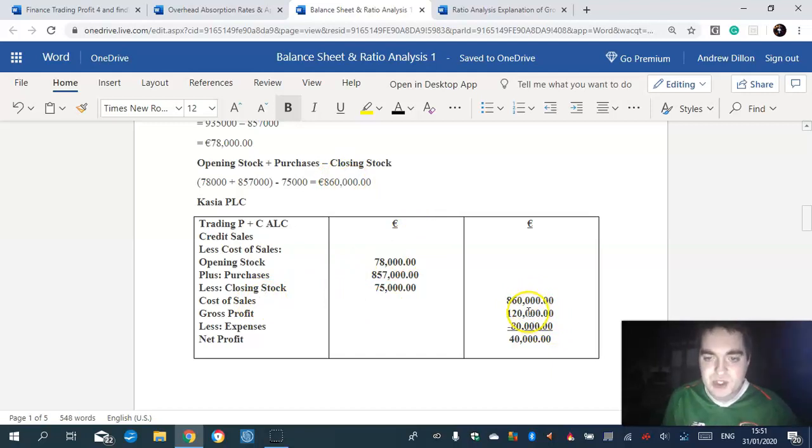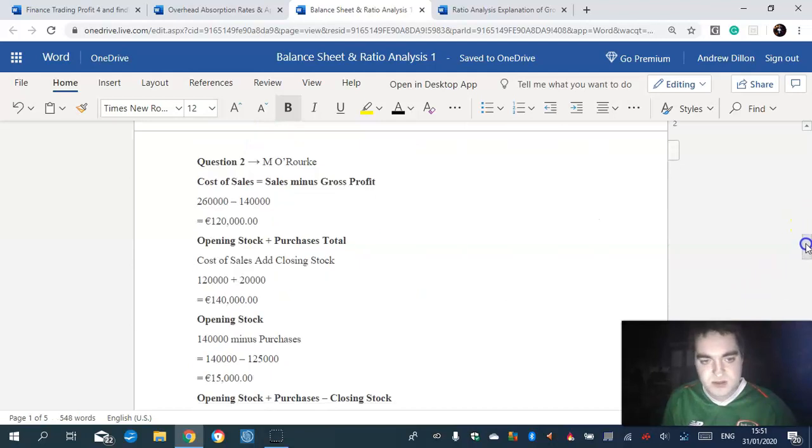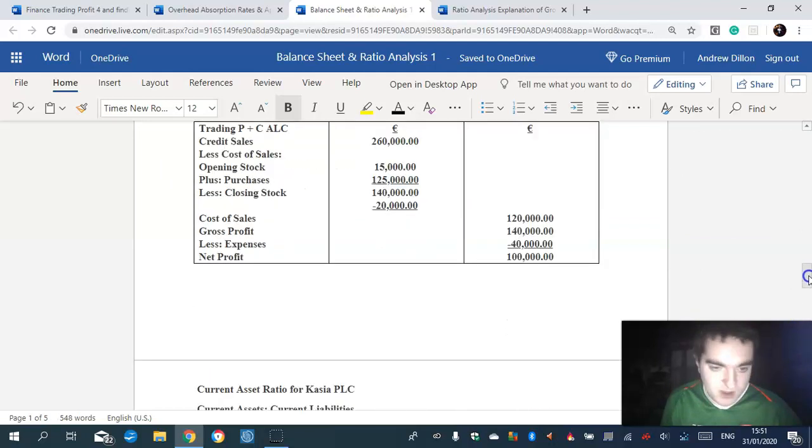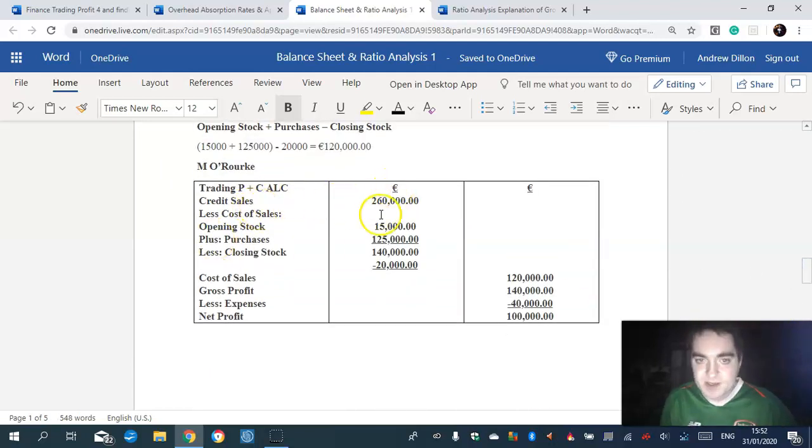Gross profit is just 120,000. I take that away, and then my net profit is 40,000. I'll explain this, it's similar to the fourth question, so I'll skip that. And there are all the answers for the second question to find all these missing figures.